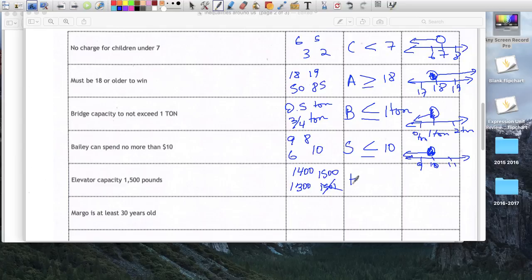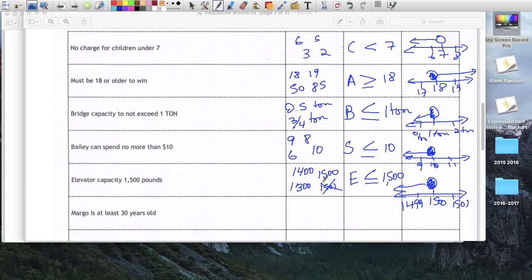So whoever is in the elevator, all their weights combined has to be less than 1,500 pounds, or it can also be exactly 1,500 pounds. Anything that and less, the elevator will work. 1,500. Let's go 1,501. Let's go 1,499. So the weight, because equal to, can be 1,500 or less.